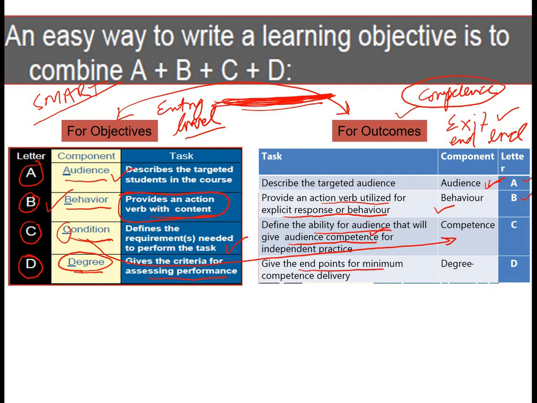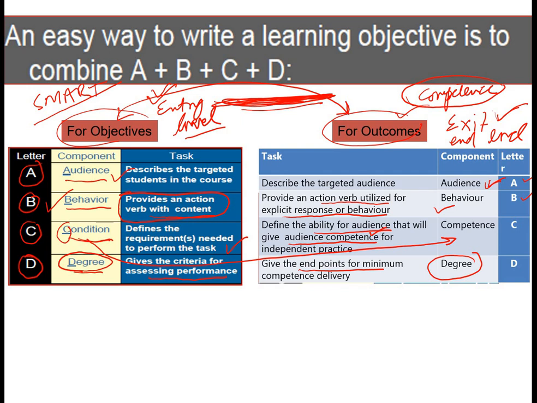So there is a small difference between learning objectives and learning outcomes. Learning outcomes are usually at the end level, the exit level, and give certain competence, but learning objectives are at the entry level, and these are your intents.